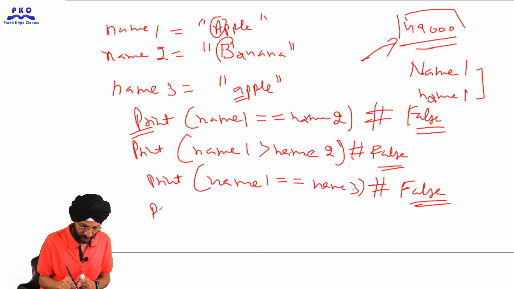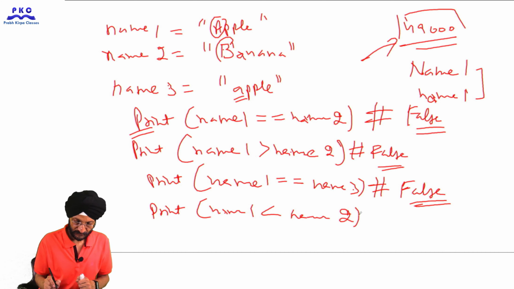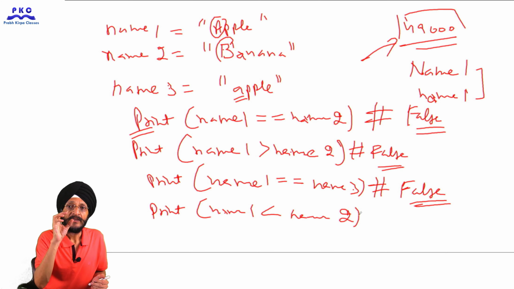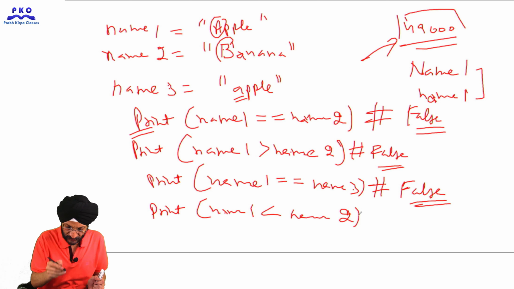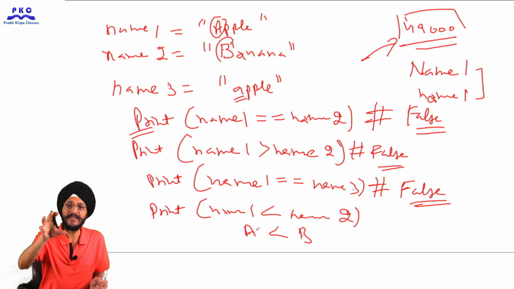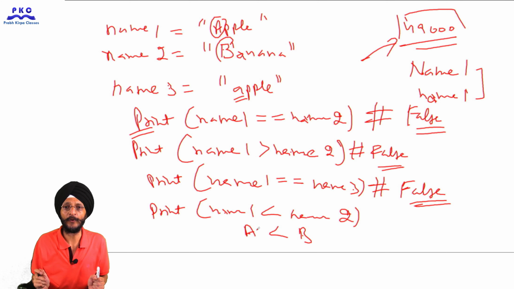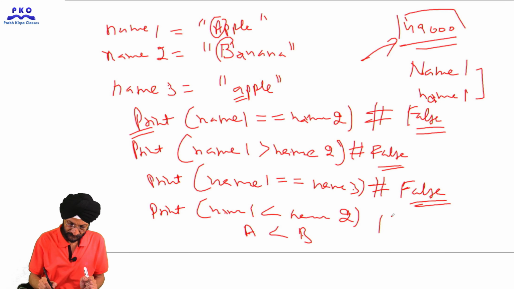So now if we write print name 1 is lesser than name 2, as already told, A has lesser Unicode value. So here we are in fact saying that A is less than B. Here we are making the comparison on the basis of Unicode value. So it is true.